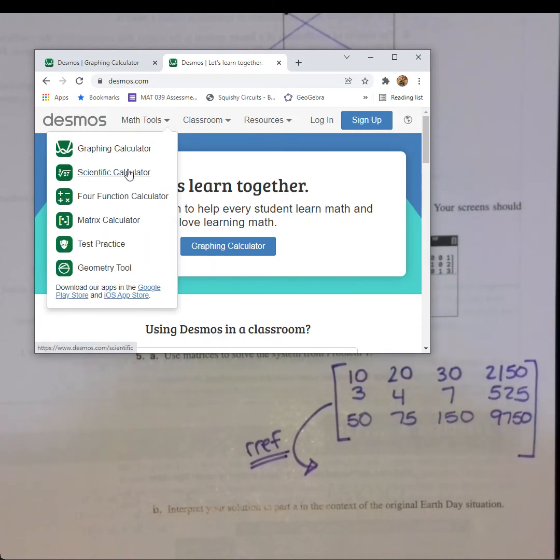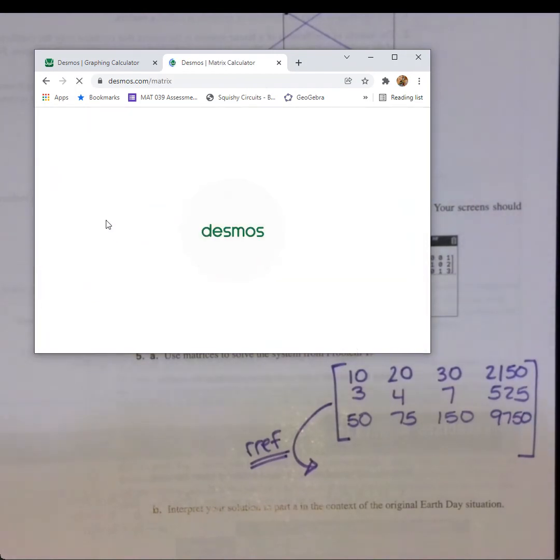We don't use the scientific or four-function calculators very often because they're actually incorporated into the graphing calculator, and you can do order of operations, anything you can do in those two calculators right in the graphing calculator. If you didn't want the ability to graph, you could grab one of those, but I just find it's easier to use the graphing calculator. But you will see next that there is a matrix calculator. That's the one we're going to need right now, matrix calculator.